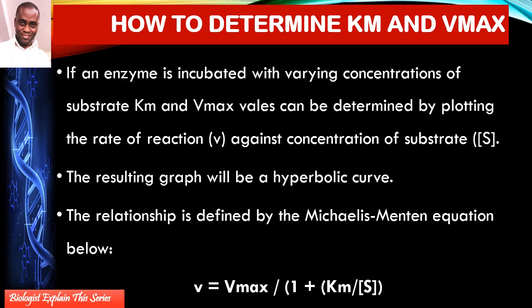You incubate different substrate concentrations with the enzyme, get your values, and plot the rates of the reaction on the y-axis against the substrate concentration on the x-axis. The graph we saw is hyperbolic: linear initially, then it levels off.